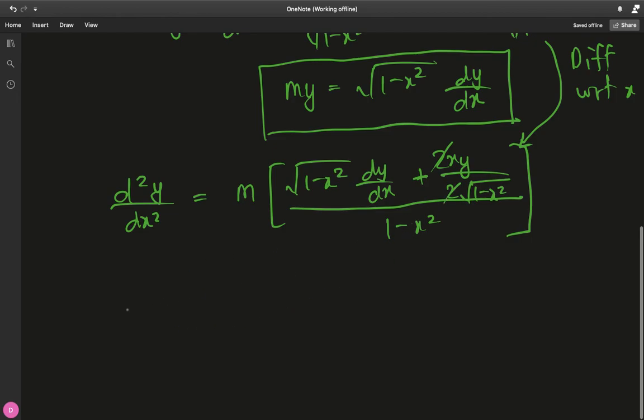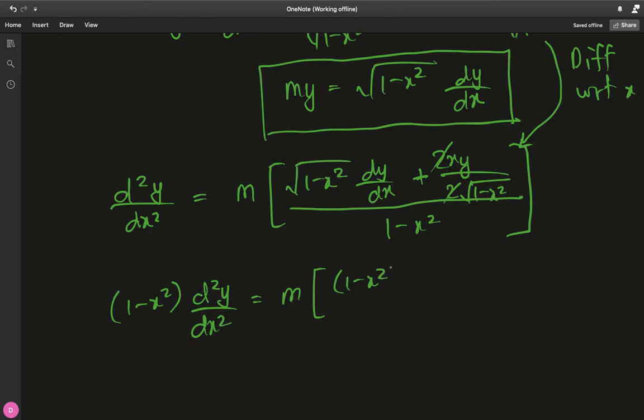We can take this on that side. We have 1 minus x squared times d2y over dx squared is equal to, we can take the LCM over here, square root of 1 minus x squared times square root of 1 minus x squared is 1 minus x squared times dy over dx plus xy, all divided by square root of 1 minus x squared from this.